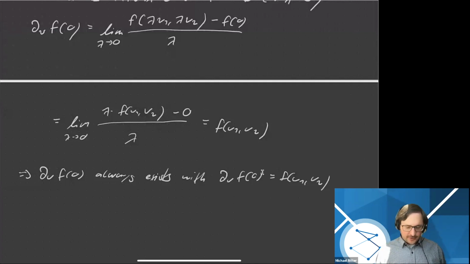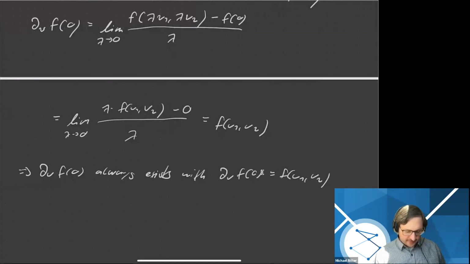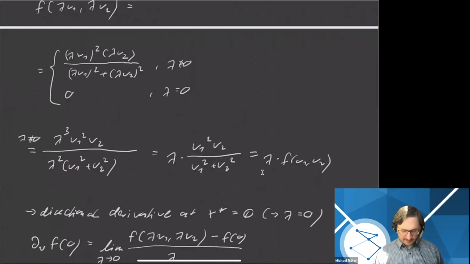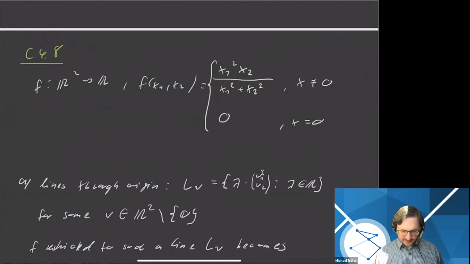In particular, we could compute the derivatives with respect to the axes, so the partial derivatives. ∂f/∂x1 at the point 0 is then simply f(1, 0). And if you just take a look at the definition of f, up here somewhere, here we are.